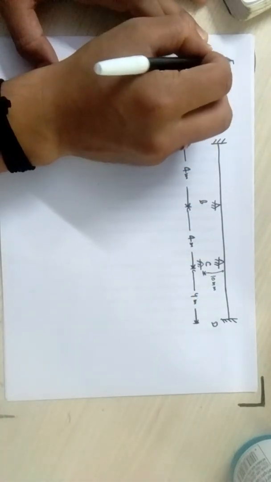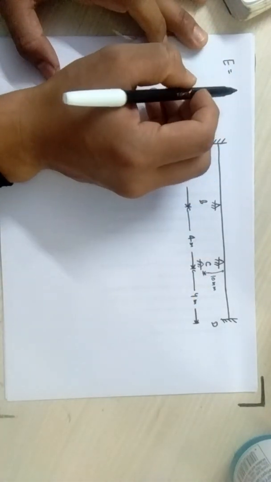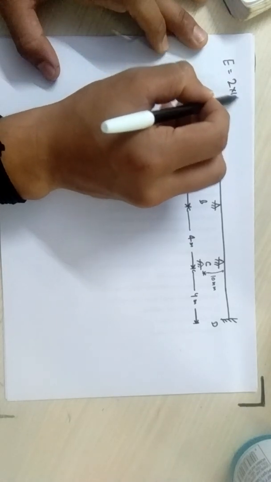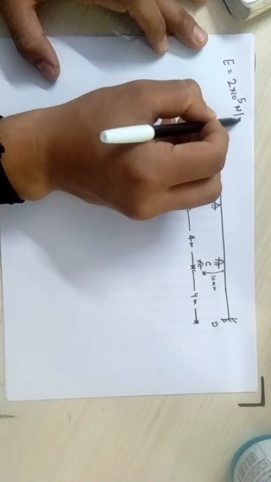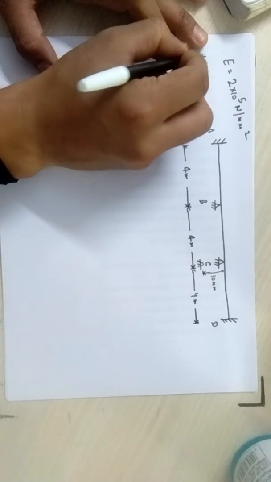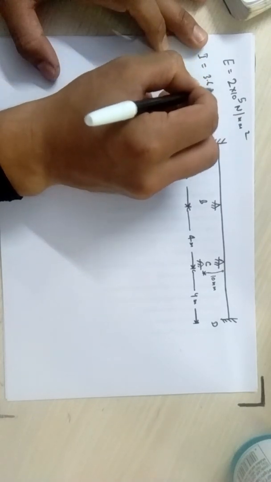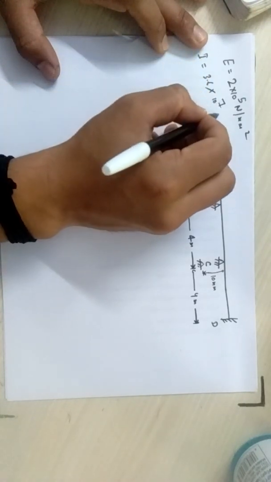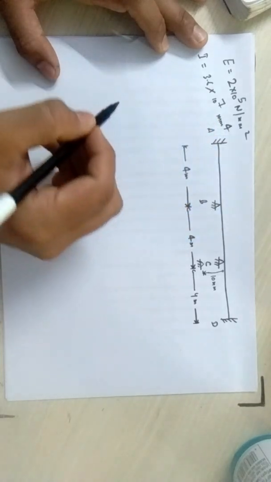Okay, and E was given as 2 into 10 to the power 5 Newton per mm square. I is given as 3.6 into 10 to the power 7 millimeter to the power 4.